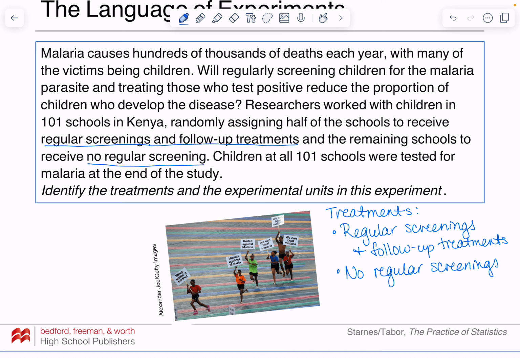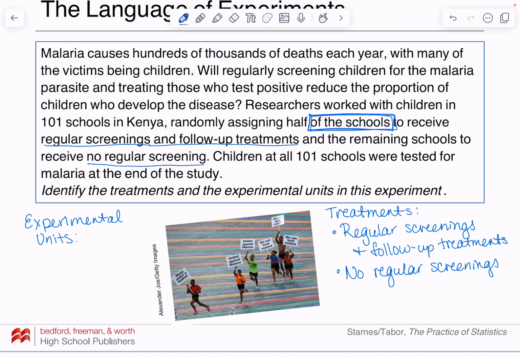Okay, now the experimental units. What or who is getting the screenings or no screenings? Now you might think, oh, the kids are doing that. Nope. Look at how they worded it. They say they're randomly assigning half of the schools. So technically your experimental units are the schools.